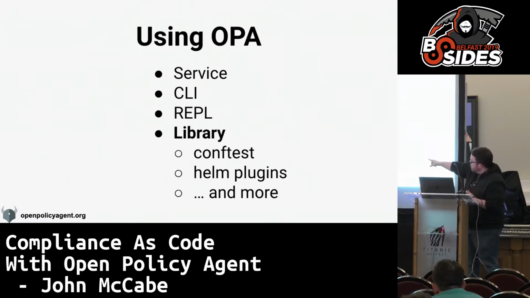So one thing that was recently done, there's a project called Conftest, by Gareth Rushgrove, where he's basically pulled the whole OPA policy part into a tool specifically focused on testing in pipelines. Somebody has written a Helm plugin, so you can just do helm opa, and you can do policy validation on your Helm chart.